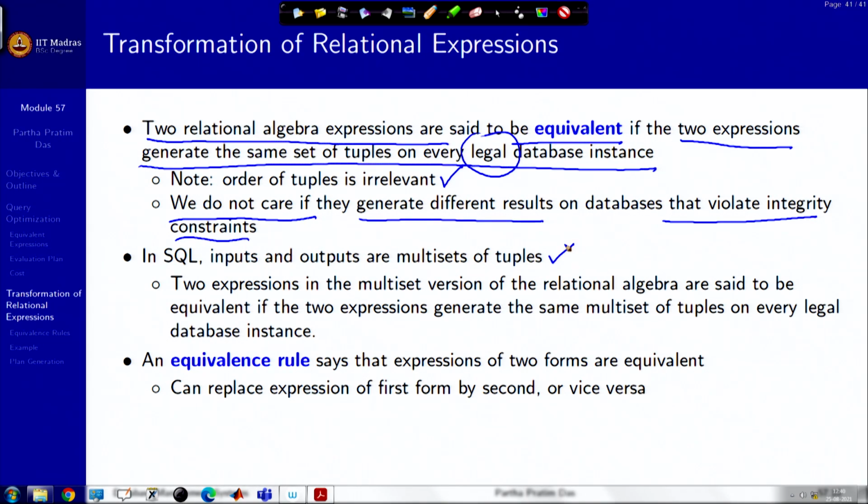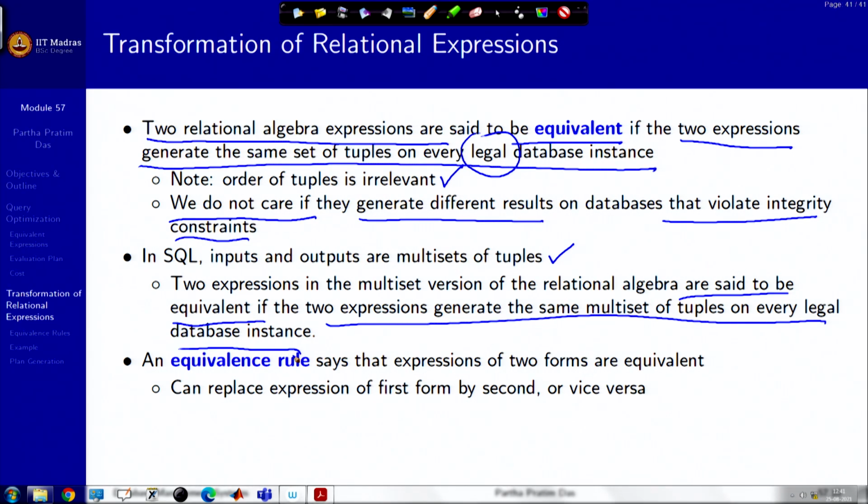So, in SQL everything is a multi-set of tuples, right. So, two expressions in the multi-set version are said to be equivalent if the two expressions generate the same multi-set of tuples on every legal database instance. Which is a little more tricky, because in relational algebra we saw it is a set that we generate.